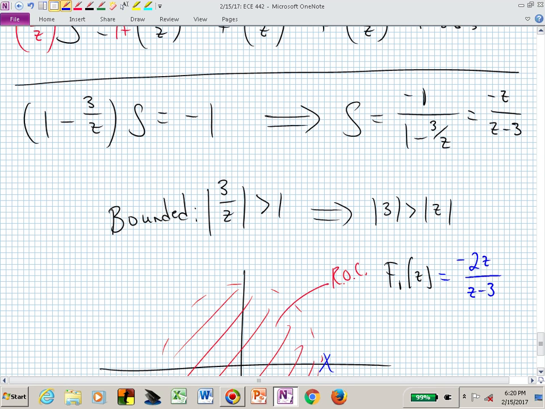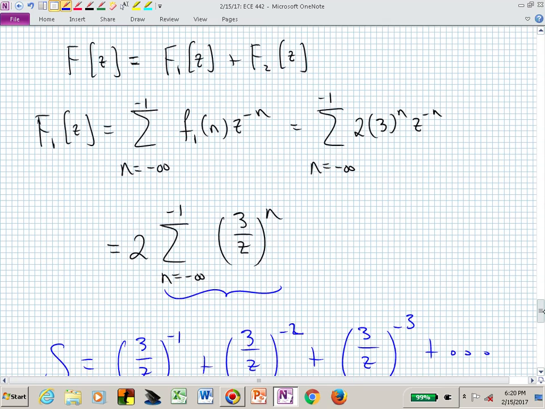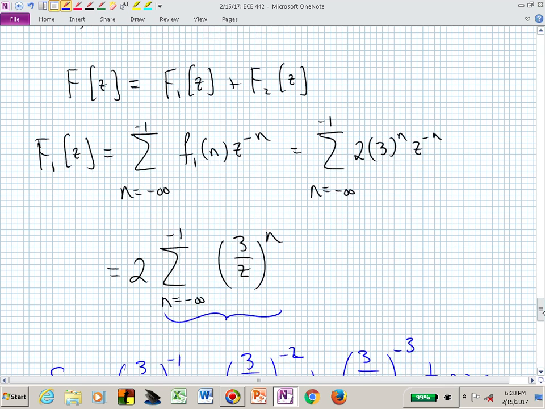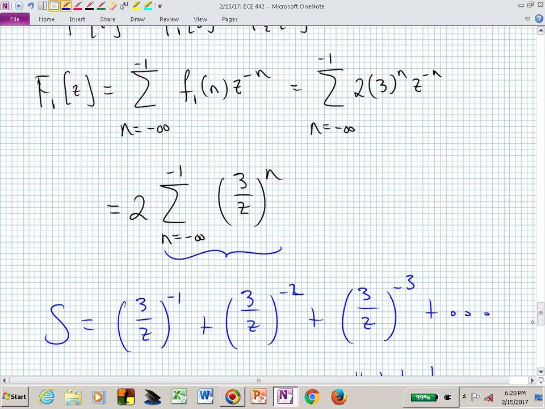Does the 2 change the region of convergence? What do you think? Anyone want to answer that? What piece were we looking at when we determined the region of convergence? It's a good question. Do we now have to go back and rethink our region of convergence?